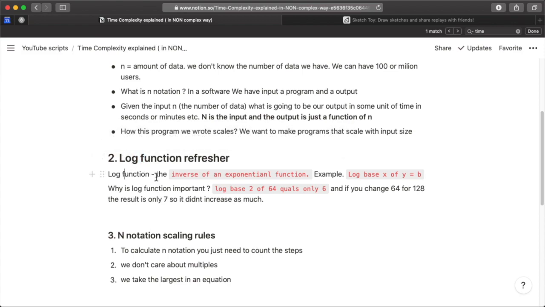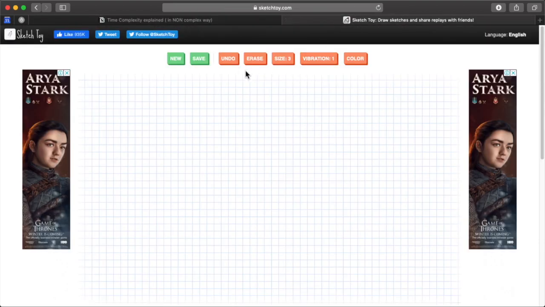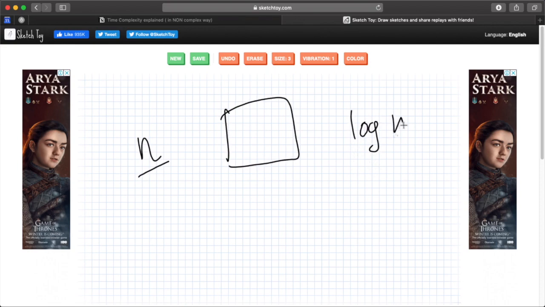You need to know the logarithmic function because we want to remember this: this is the input, and this is the output, and this is basically the function.